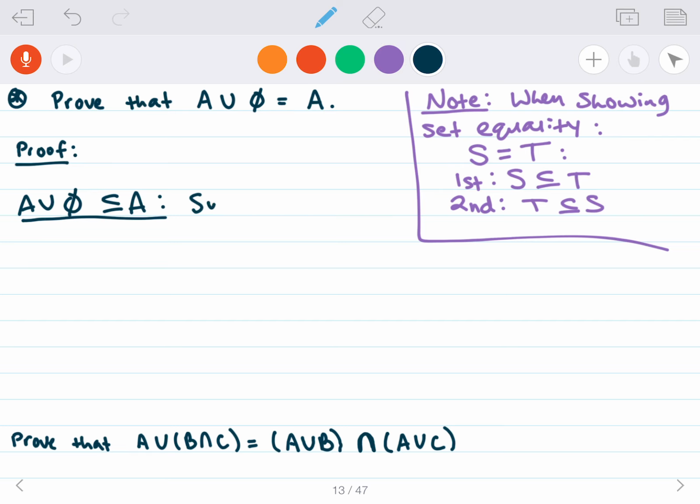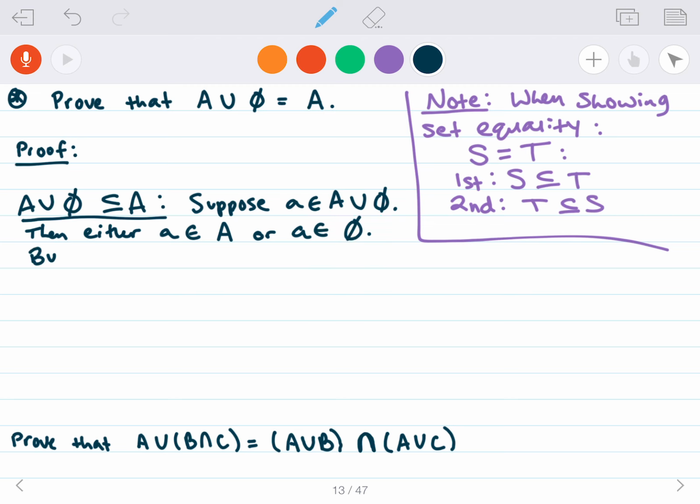So suppose an element a is in A union the empty set. What does it mean to be in the union? It means that element's in either A or the empty set. Then either little a is going to be in capital A or little a is going to be in the empty set.